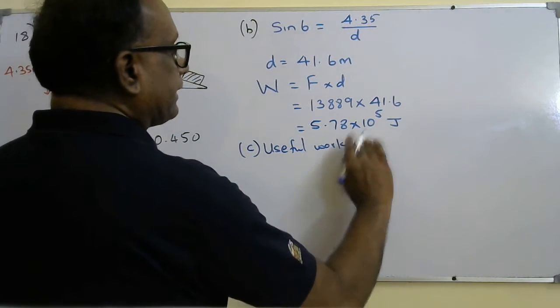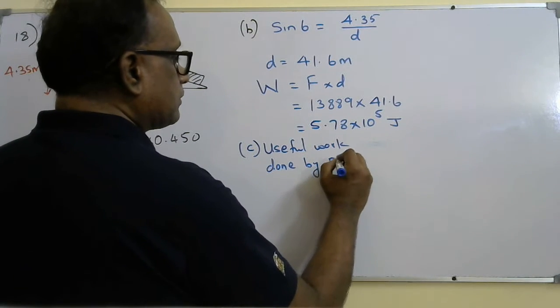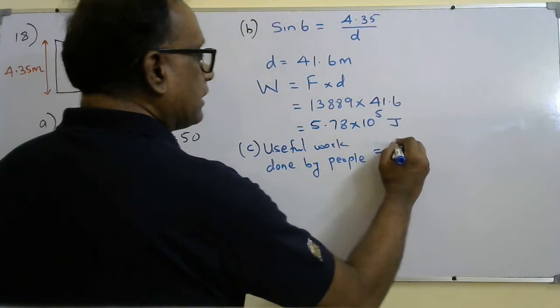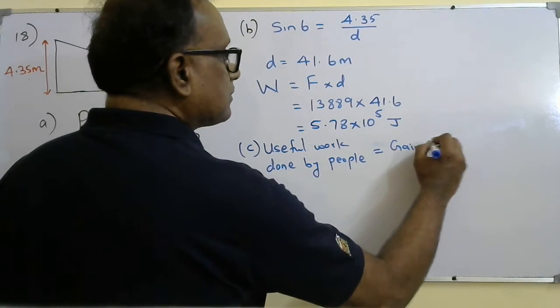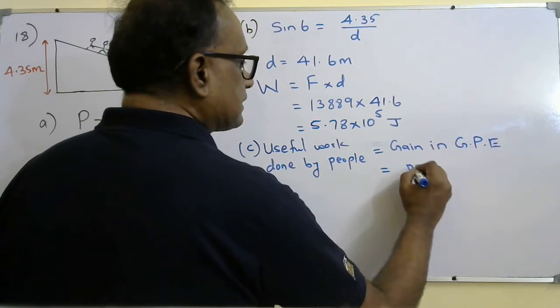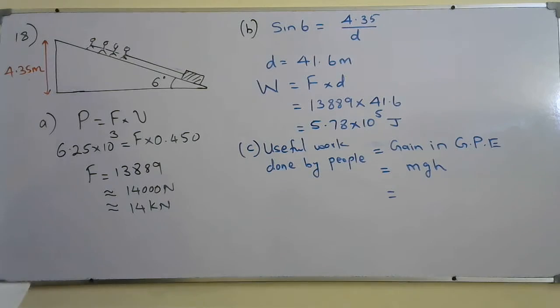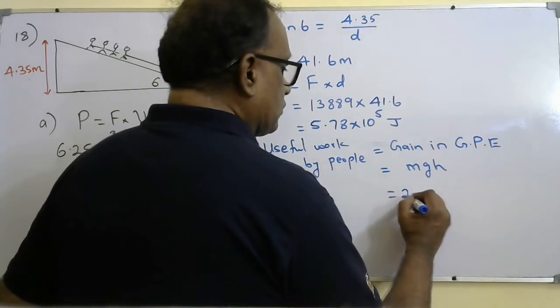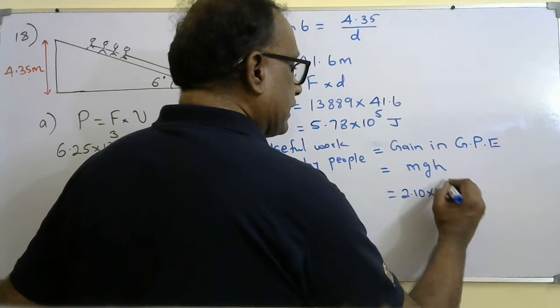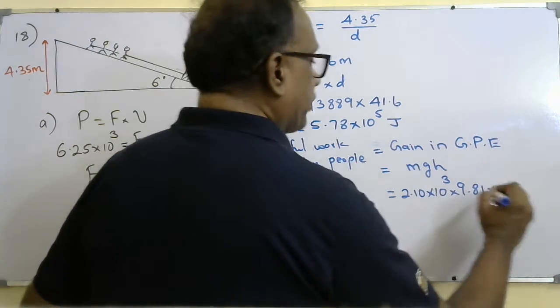So the useful work done by the people equals the gain in gravitational potential energy, that is mgh. So the mass of the block we know is 2.10 × 10^3 times 9.81 times the height, 4.35.